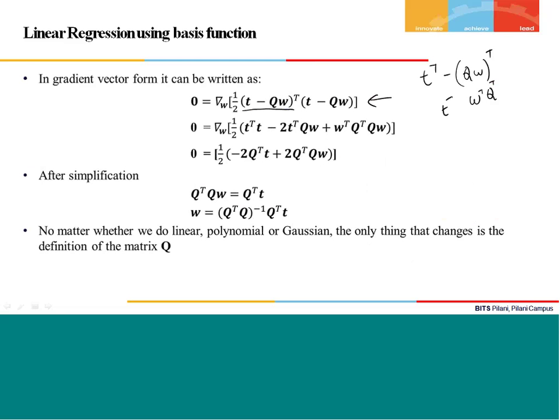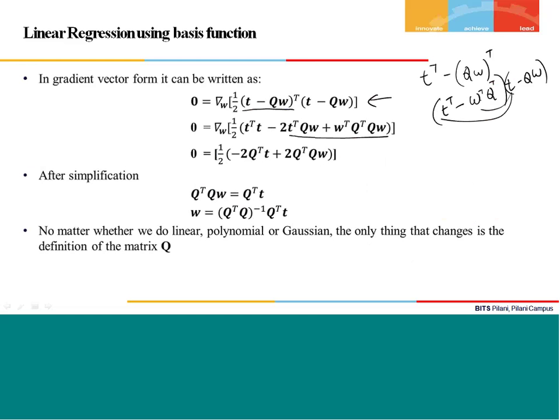So this is finally T transpose minus W transpose Q transpose. You need to see all these things. So when you multiply this with T minus QW, you get this. So this T transpose T, T transpose QW and all this, you finally get these notations, right?